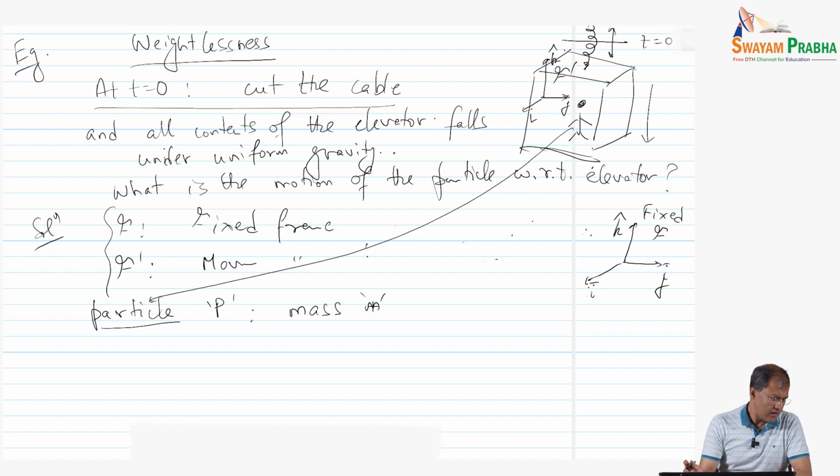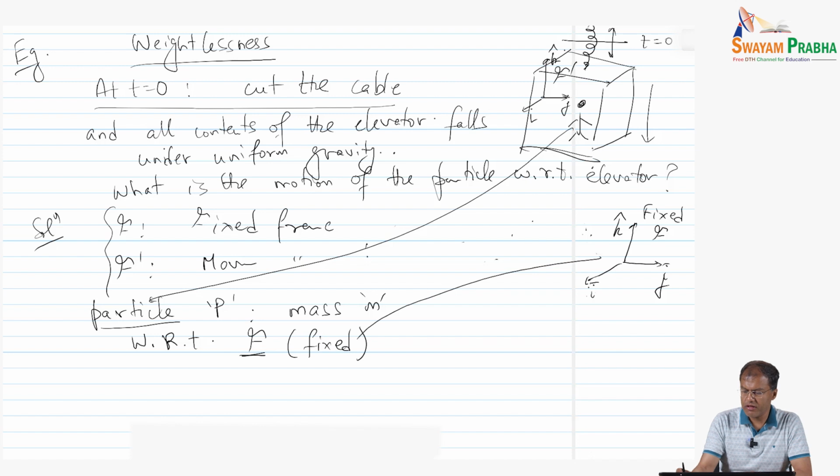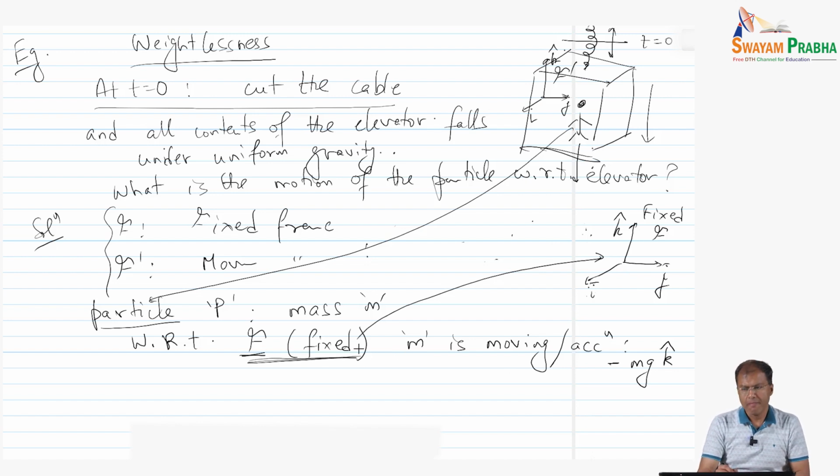With respect to the fixed frame F, the particle m is accelerating with force minus mg in the downward direction. So that is the motion in the fixed frame, right?